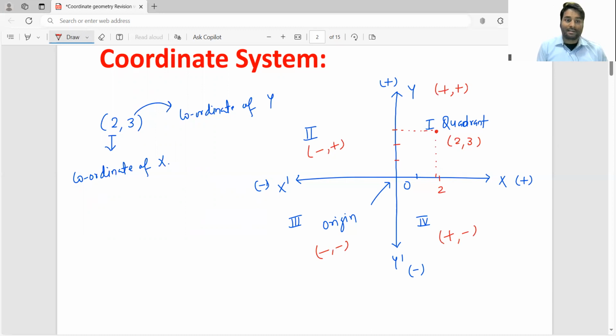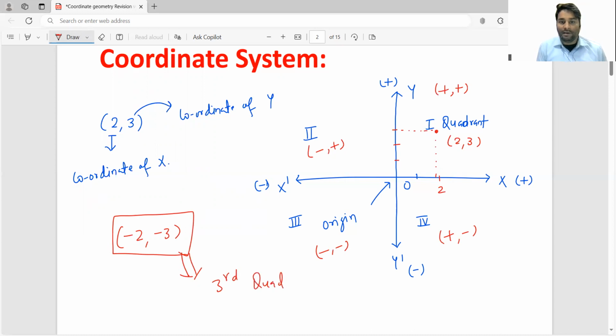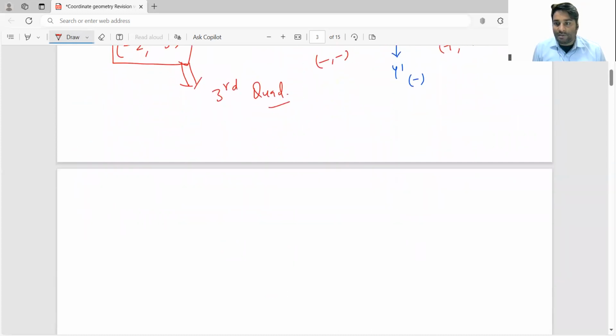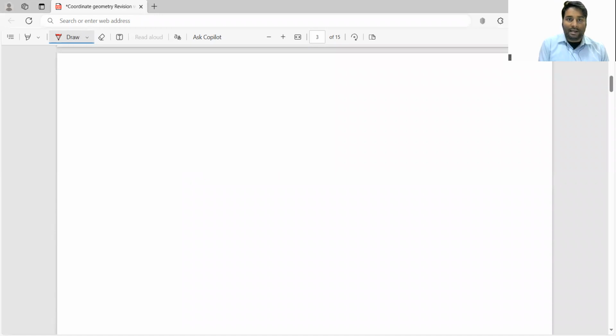Now if someone asks that -2 comma -3, in which quadrant is this point going to lie, obviously it will lie in the third quadrant, right? I hope this thing is clear. One more thing I'm going to tell you: suppose we have a point like a comma b, right?